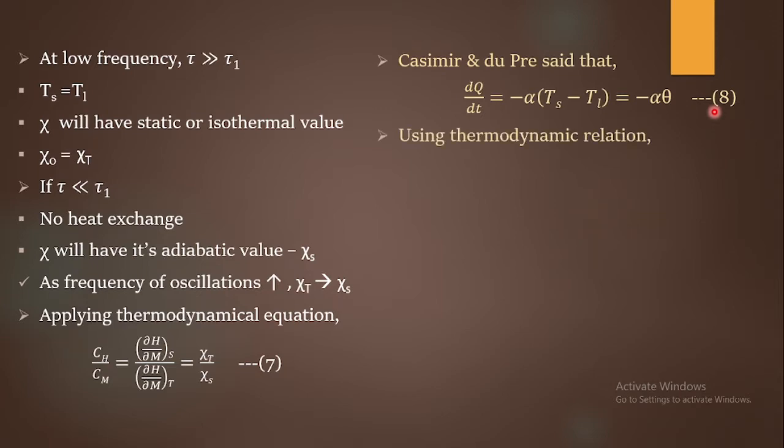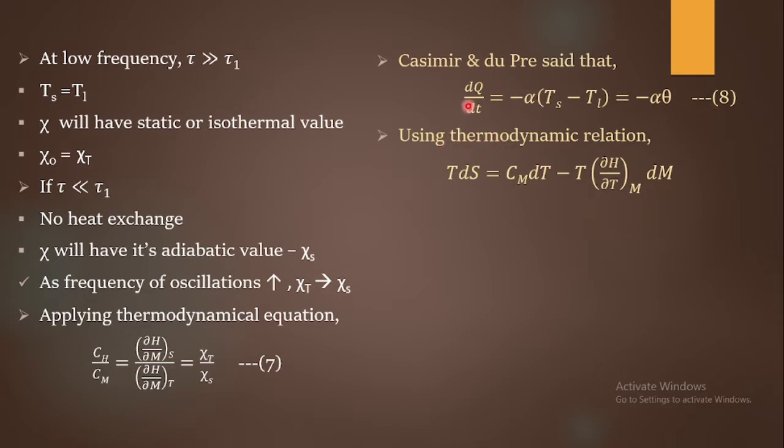Again using the thermodynamical equation, which involves magnetization, static field, temperature, heat, etc., the relation is TdS equals Cm dT minus T into dou H by dou T at constant M into dM.